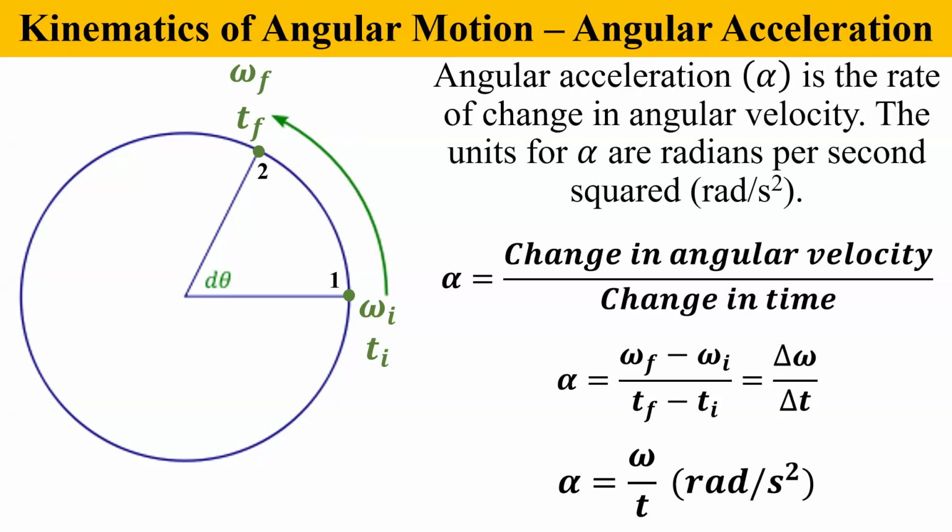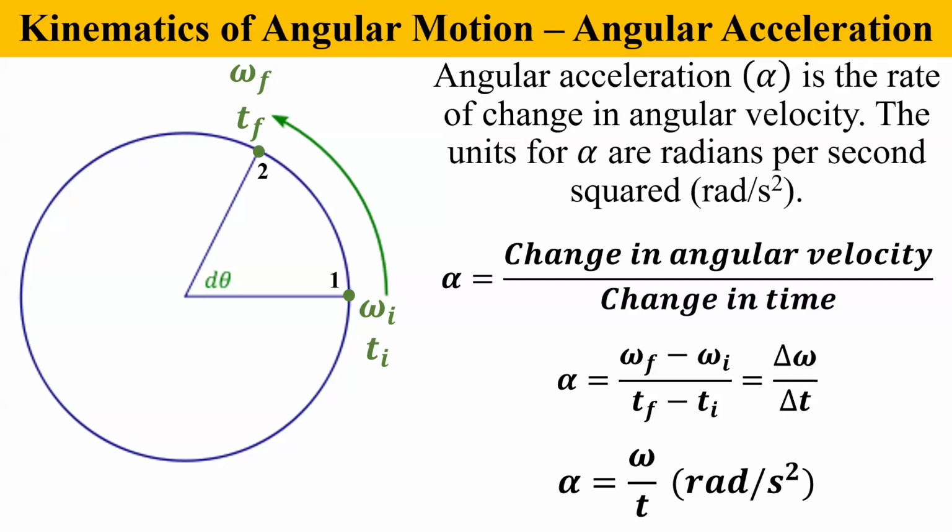The angular acceleration alpha is the rate of change of angular velocity, which is a parallel to the linear one. The unit for alpha is radians per second squared. So alpha is the change in angular velocity divided by the change in time.